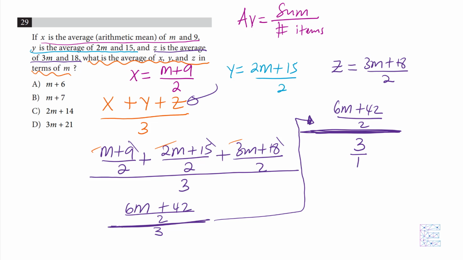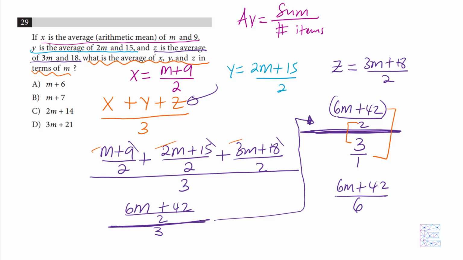And the shortcut was we multiply the 2 outside terms. So it would be 6m plus 42 times 1 over 2 times 3. It's the outside terms over the inside terms multiplied. So 6m plus 42 times 1 is just 6m plus 42. And then 2 times 3 is just 6.